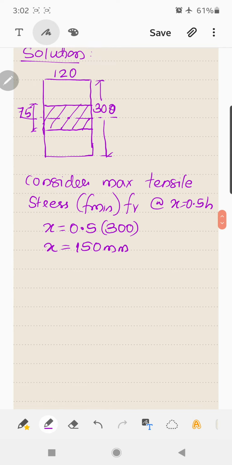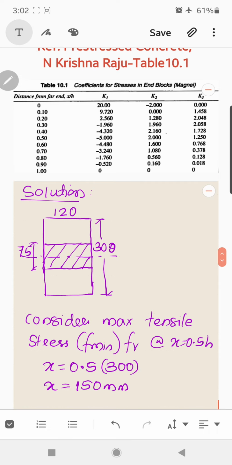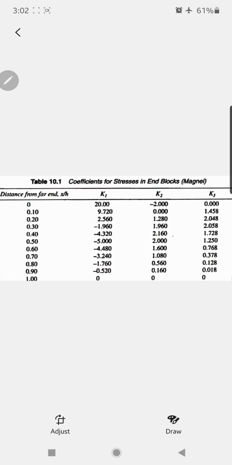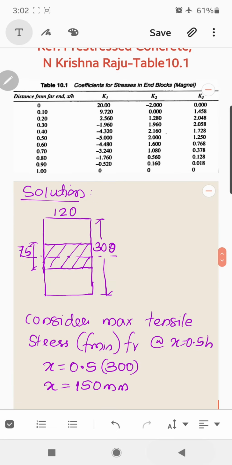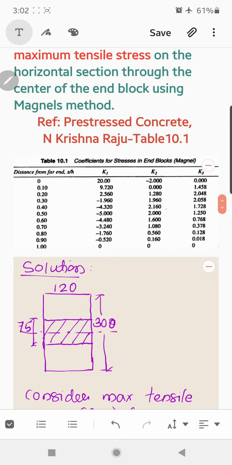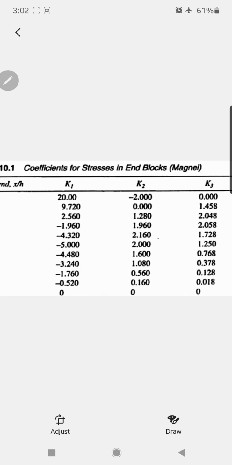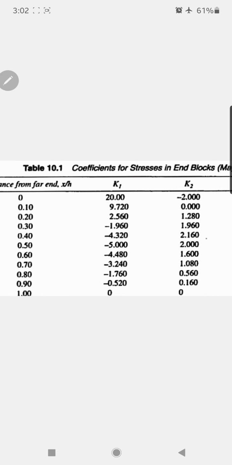Now for Bagnall's method we require a table by Bagnall. This is the table in the reference text Prestressed Concrete by N. Krishna Raju, table number 10.1. We have constants K1, K2, K3 by Bagnall.